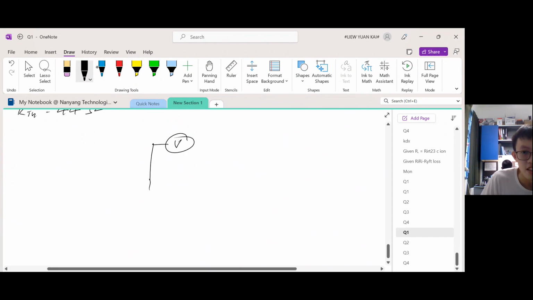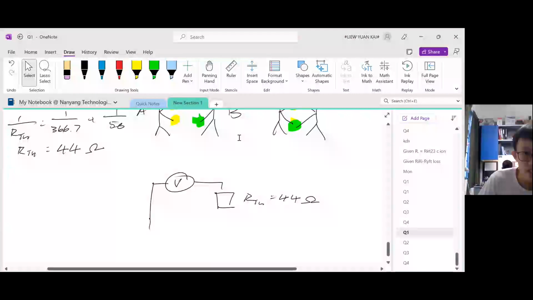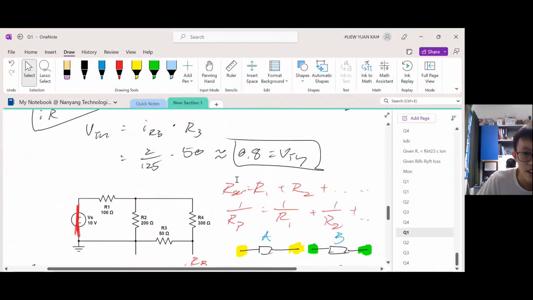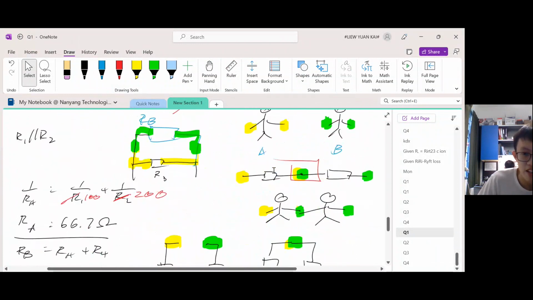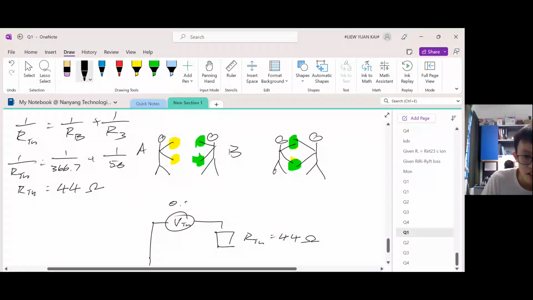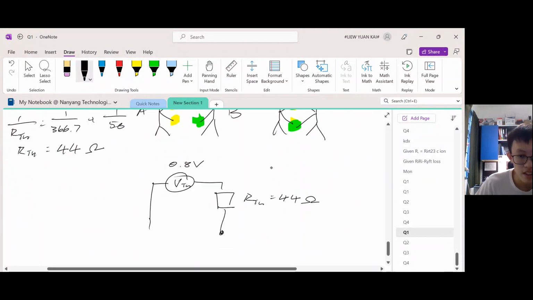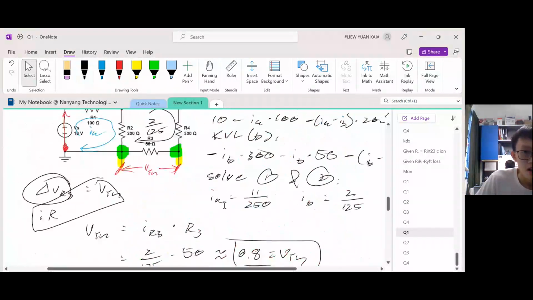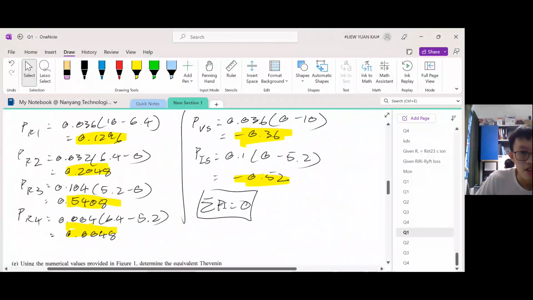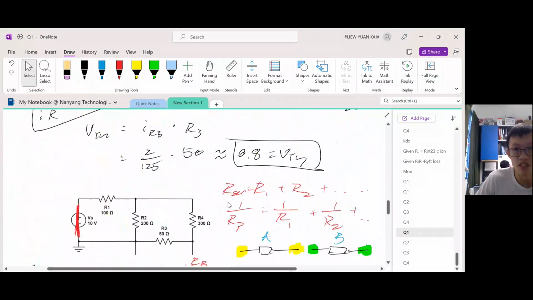It will be in series with the Thevenin resistance, which is 44. And then the V Thevenin here is, what do we find it to be? Forgot. 0.8. So this is the Thevenin equivalent diagram. Okay, so that's the end of this question.